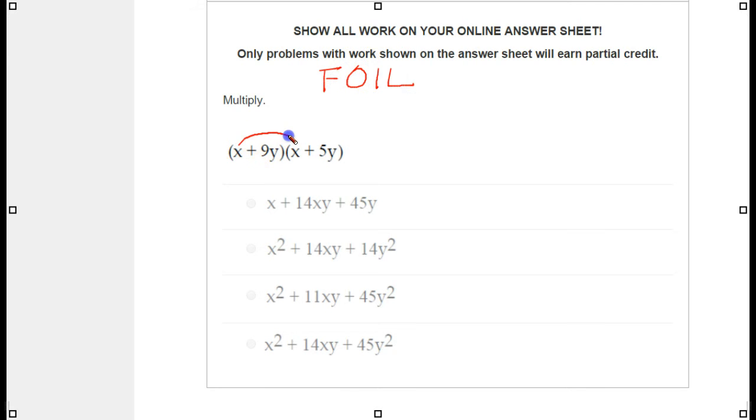So our first, and this would be the work you would show, x squared, your outers, 5xy, your inners, 9xy, and your last.